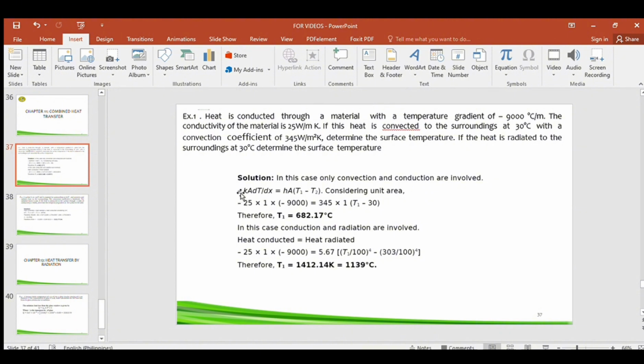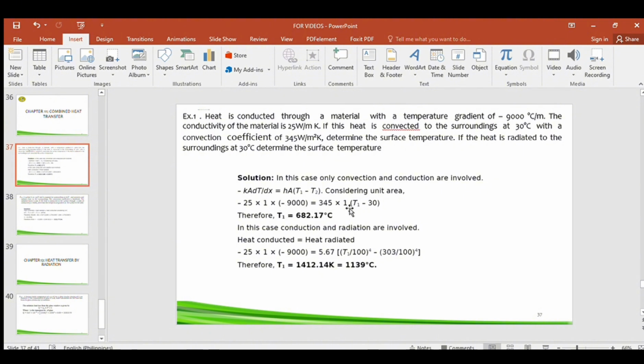We have the negative thermal conductivity times the area times the temperature gradient, which is 9,000 over dx, equals the heat transfer coefficient multiplied by our area, which is 1, and multiplying it again with the temperature at state 1 minus the temperature at state 2, where the temperature at state 1 is unknown.